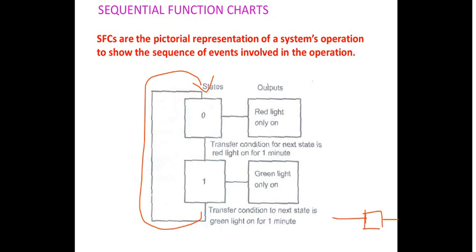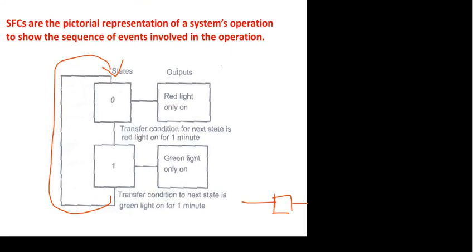Now there are certain important parameters which you need to understand while we draw the sequential function chart. Suppose I call these three: one as the state, which is the first thing you should understand in our sequential function chart. Then you have output, then you have transition.